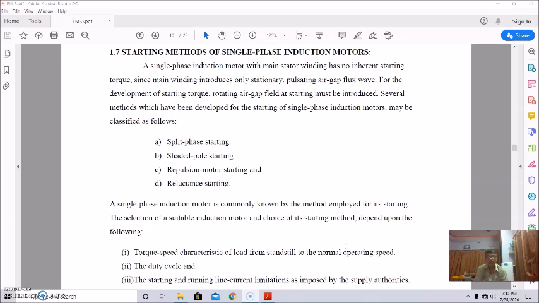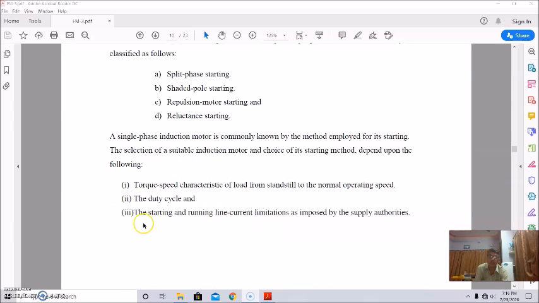Selection of a suitable induction motor and the choice of its starting method depend upon several factors. The first is the torque speed characteristics of the load from standstill to the normal operating speed.